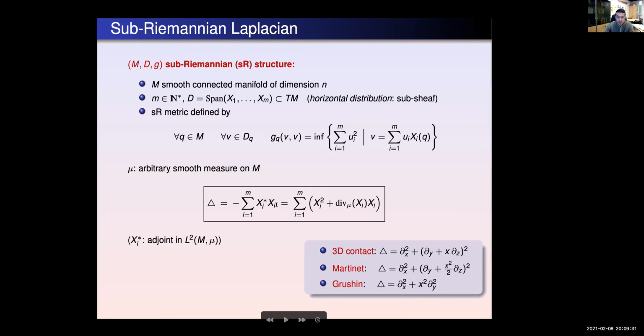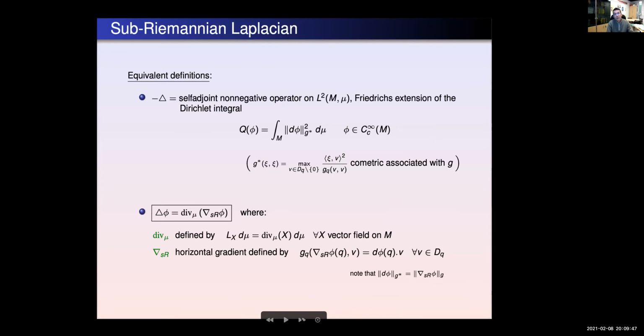You can think that a priori it would depend on the vector fields X_i, but it's not true. Actually, the sub-Riemannian Laplacian is a geometric object only depending on the horizontal distribution. The way to see it is that there are several equivalent definitions of it.